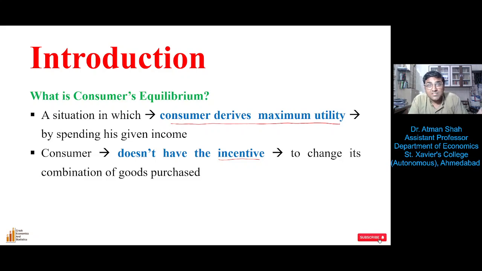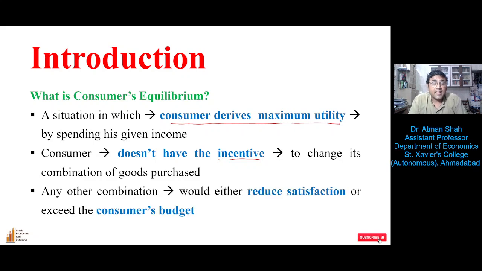The consumer derives the maximum, highest utility by consuming a particular combination of goods. Any other combination would either reduce satisfaction or exceed the consumer's budget.